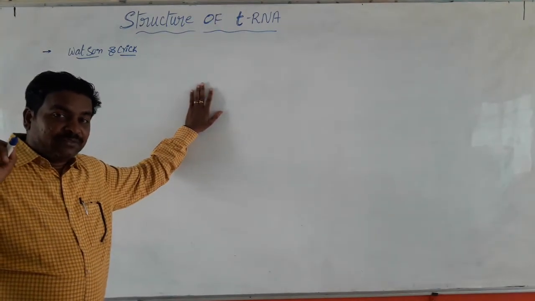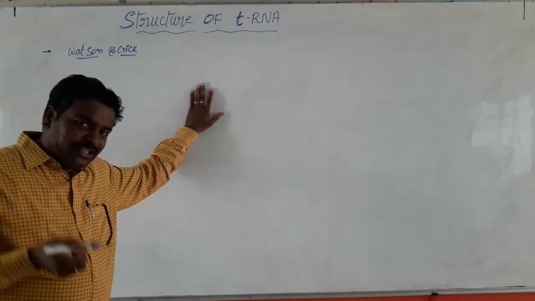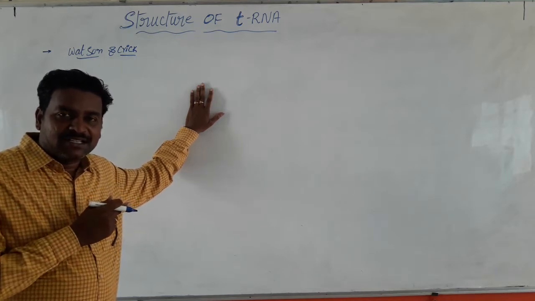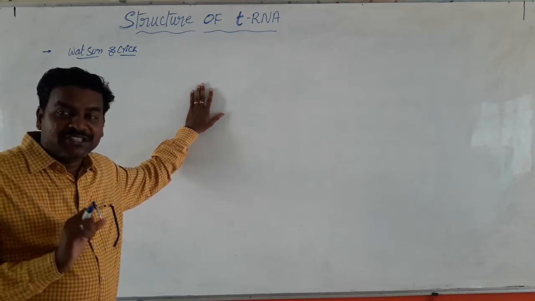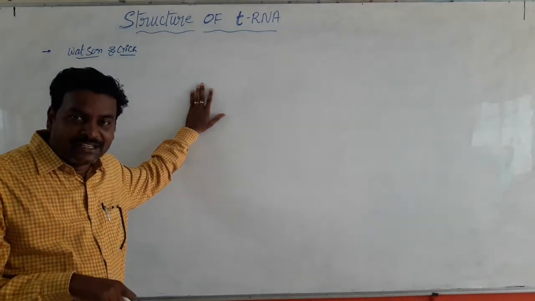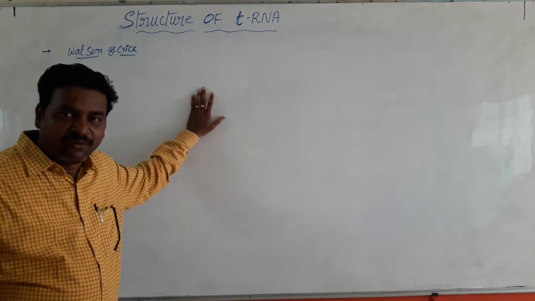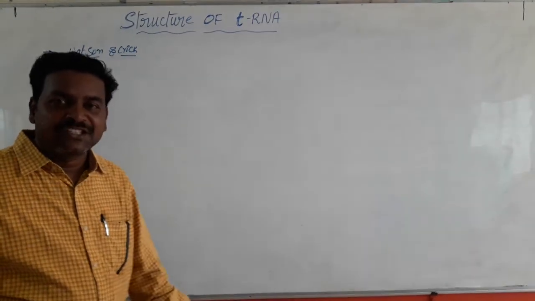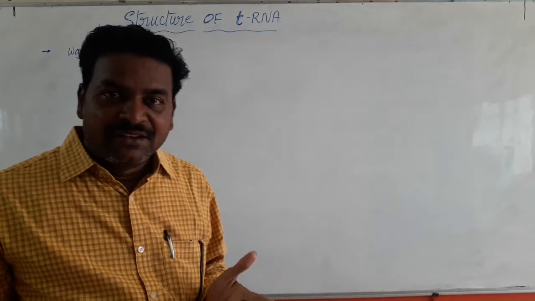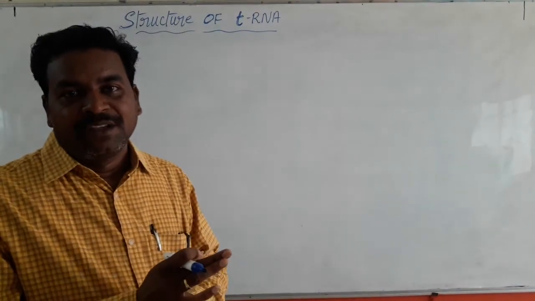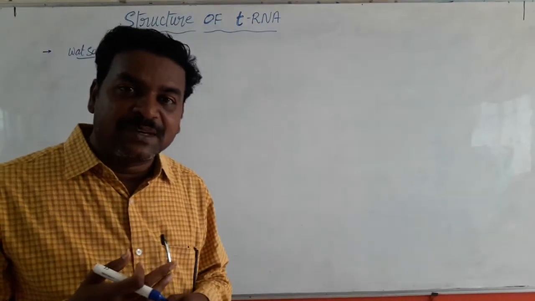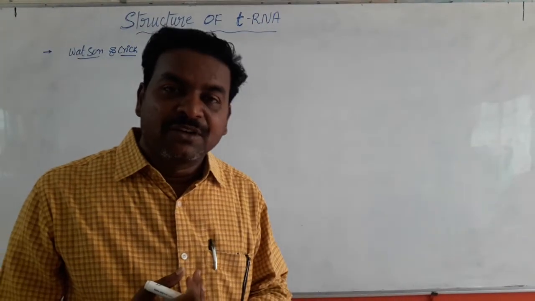There must be a special mechanism to read the genetic code and to link it with amino acids. Why? Because there are no special structural specialities in mRNA or in amino acids to read the genetic code.